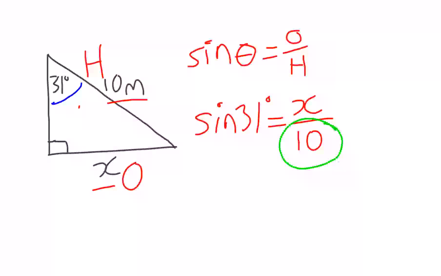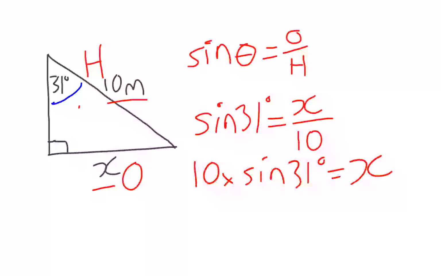I'm going to need to multiply by 10 on both sides. 10 times sine of 31 degrees equals x. Now I've got a value for x, 10 times sine 31. Type that into my calculator, making sure it's in degrees mode, and I will discover that x is 5.15 meters.